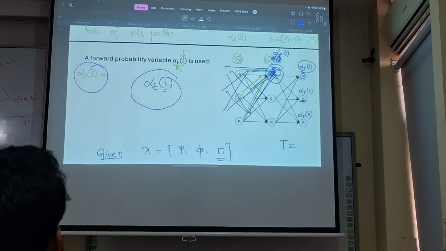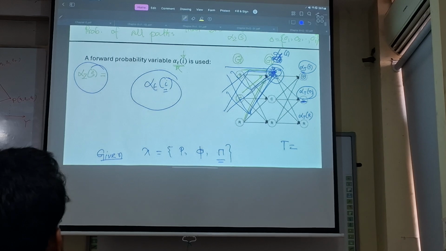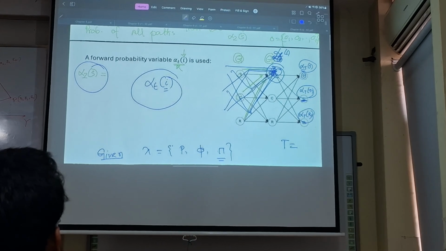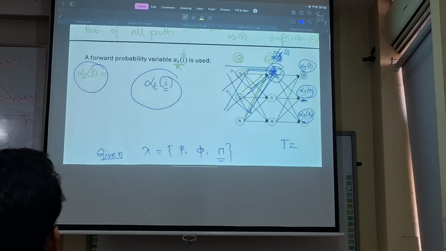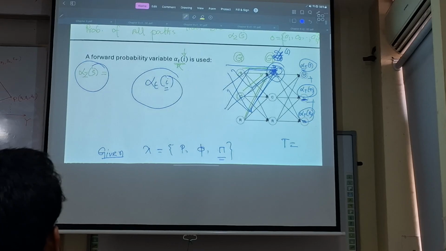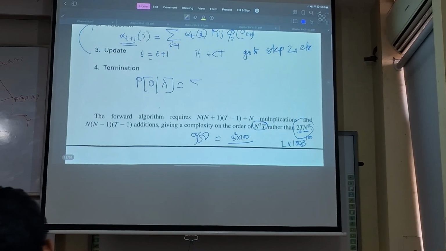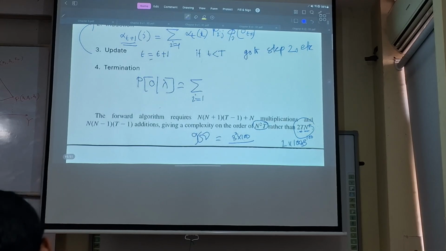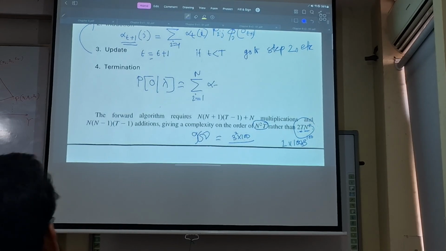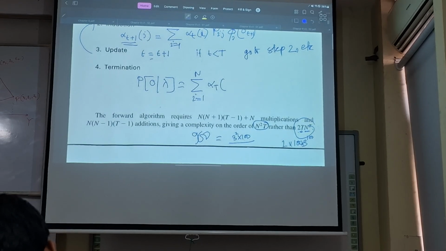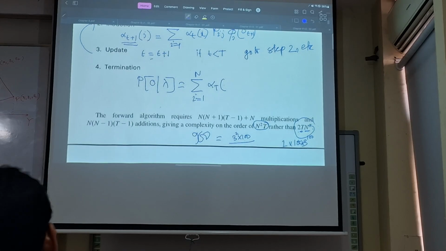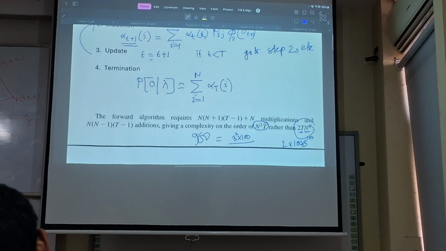All the paths that ended in this state, probability here. So now we want to calculate all paths. That means this one will be this plus this plus this, right? And so we can easily write this probability as the sum over i equal to 1 to n of alpha T of i. That's all.